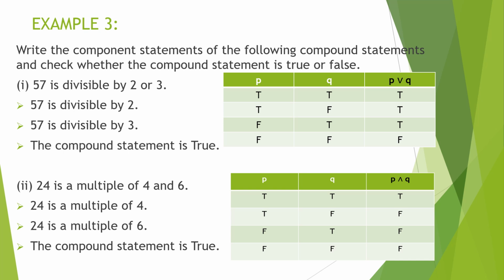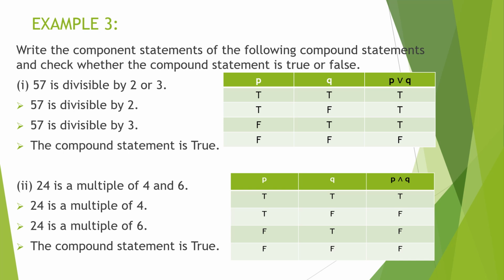Now remember, the given statement has the connective or, so it is of the kind P or Q. I have given the table for P and Q. So over here 57 is divisible by 2. Is it true or false? It is false. 57 is divisible by 3. This statement is true. So when P is false and Q is true, then the given statement P or Q is true.